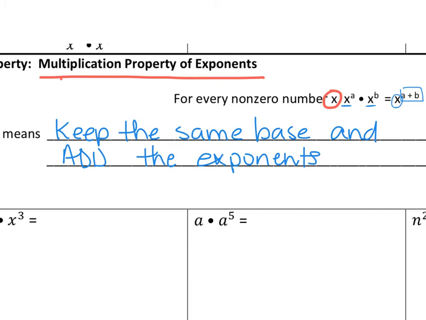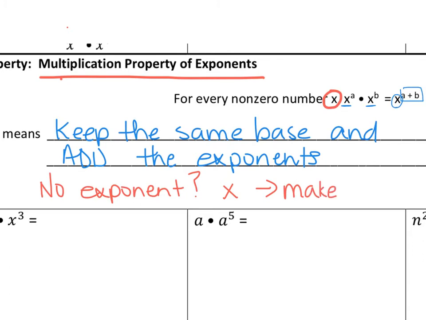Okay, one thing I do want to mention, if we don't see an exponent, like just plain old x, then we are going to make it a 1. So x is the same as x to the first power.